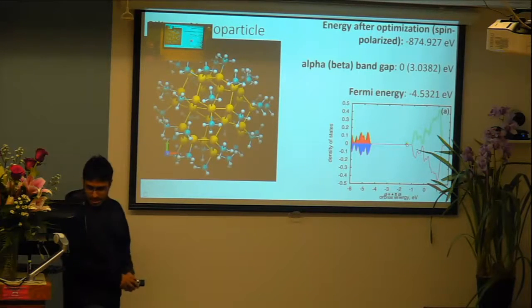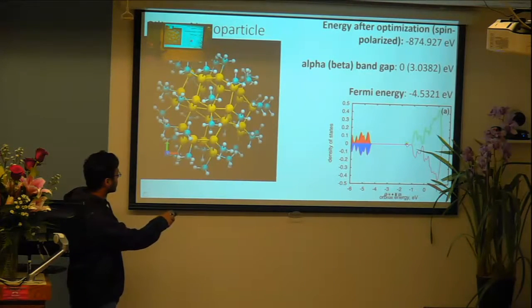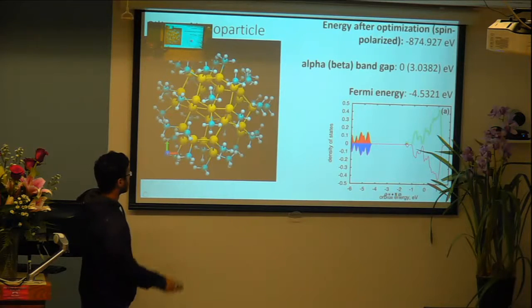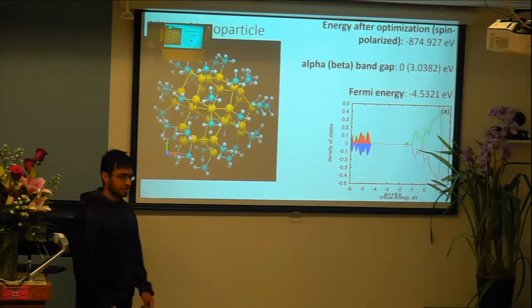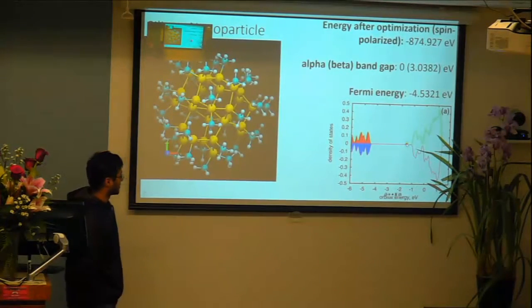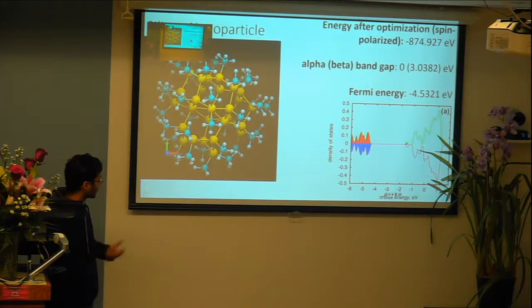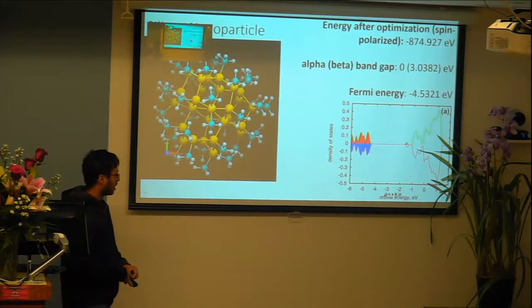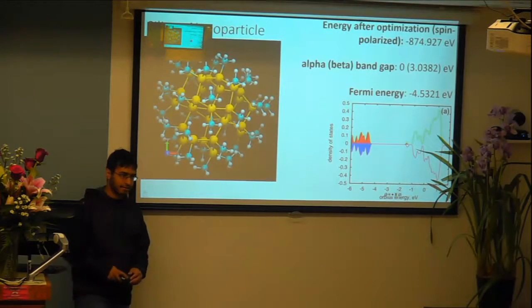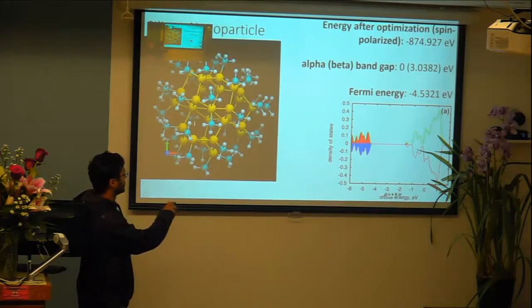On this slide, there's a quick movie. It's going to be very difficult to see, but this is optimization of the silicon nanoparticle by itself. This was run using, I think, 1,000 ionic steps in VASP in order to optimize the silicon nanoparticle.